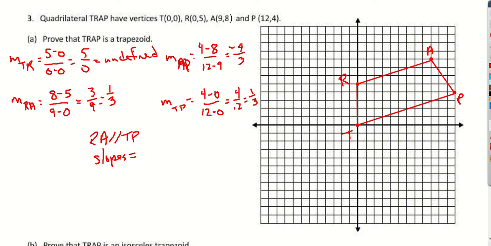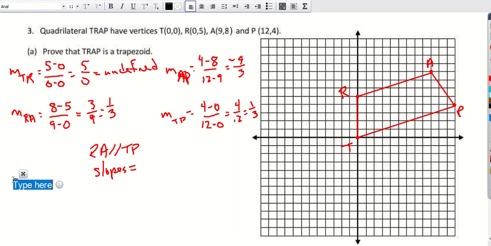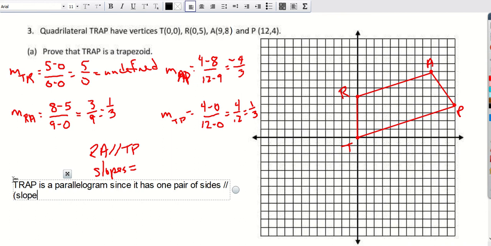And then the last one we got is, you can see it's a trapezoid now. So TRAP is a trapezoid, since it has one pair of sides parallel, slopes are equal.